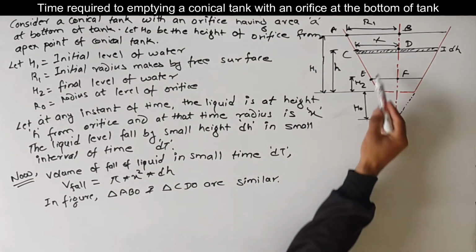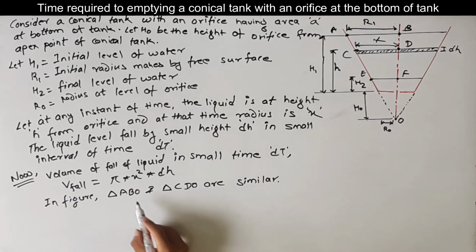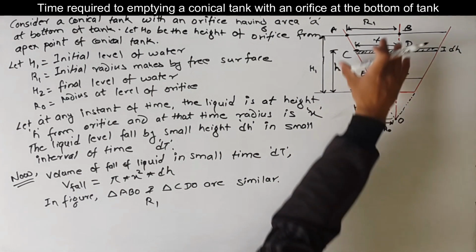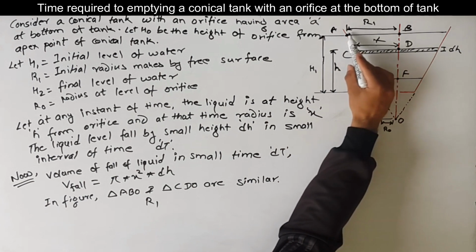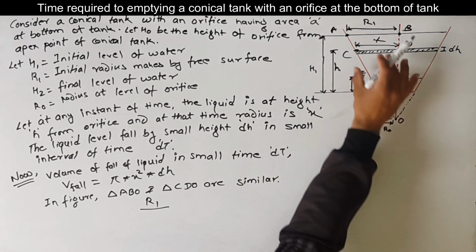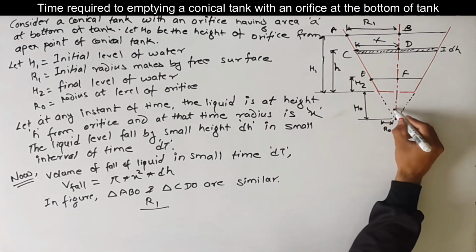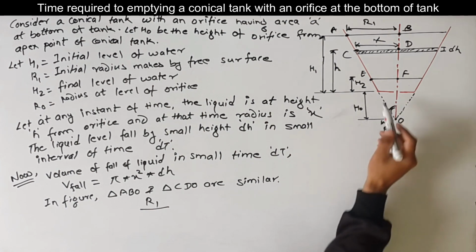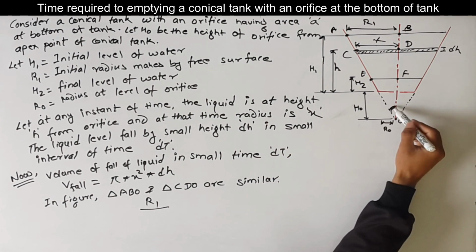So we can use the proportional rule of similar triangles. First of all, look at the upper triangle ABO. In the upper triangle we have R1, and then look at triangle CDO. In the small triangle CDO, take the ratio of the sides opposite to this angle.